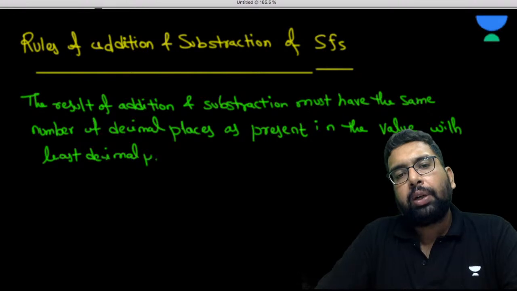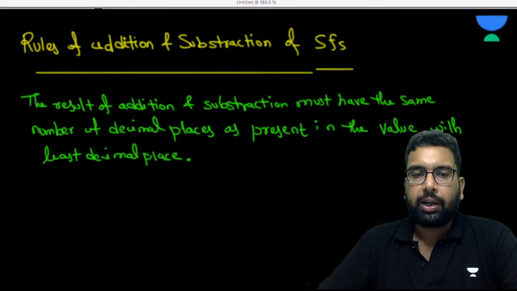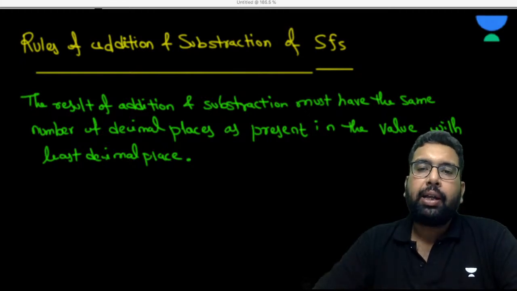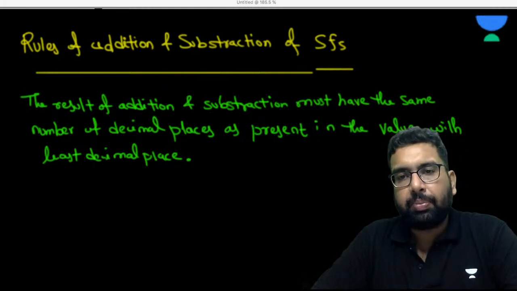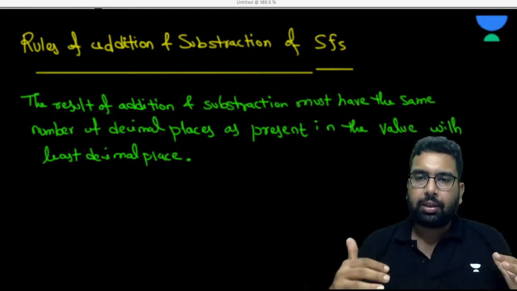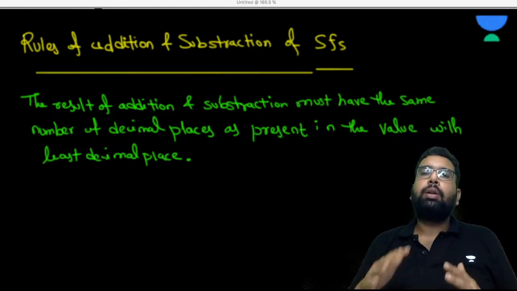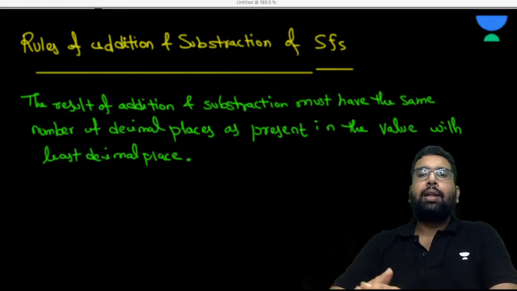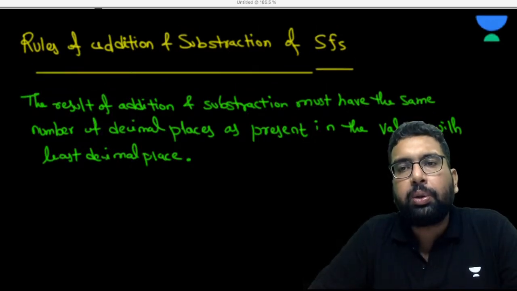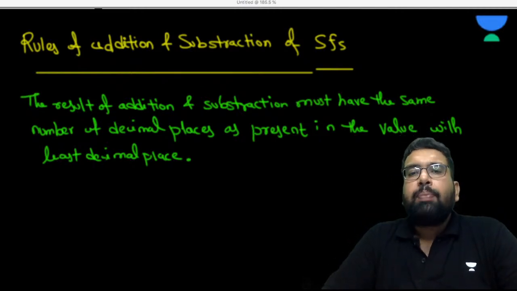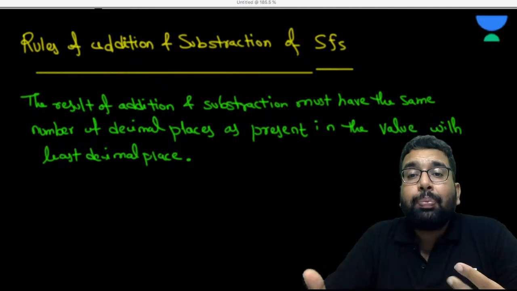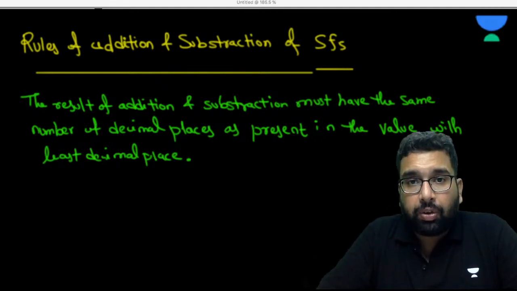What does that mean, sir? Let's suppose you are adding three quantities, and they have different digits after the decimal. Your final answer must be reduced, meaning rounded off.